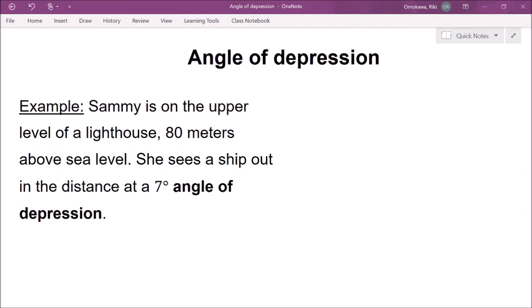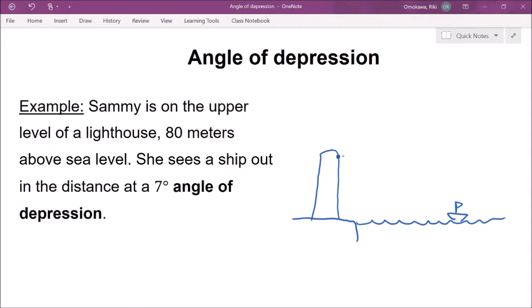So here's a lighthouse. And it must be on some land. And then here's the sea. And then there's a ship out here. We're zoomed out quite a bit. So let's just say Sammy is this dot, in the lighthouse. And again, don't forget about the horizontal.